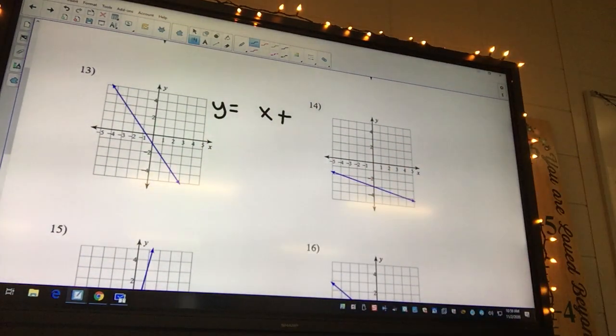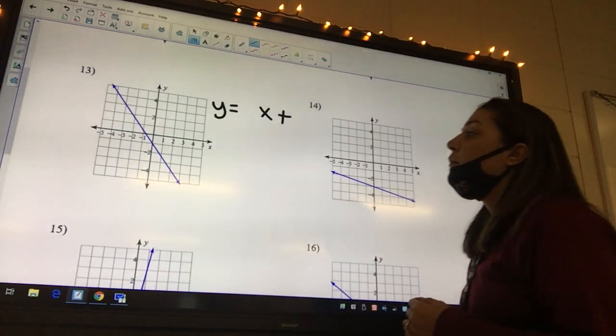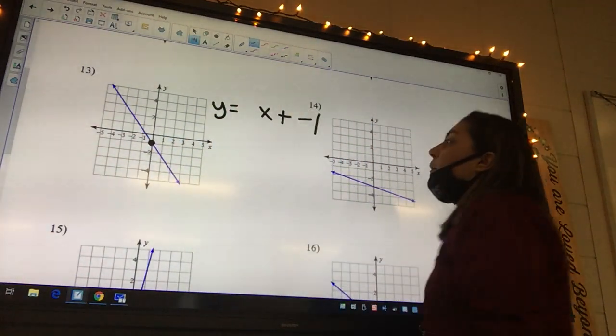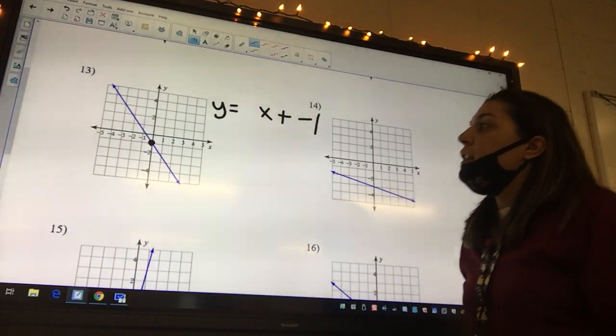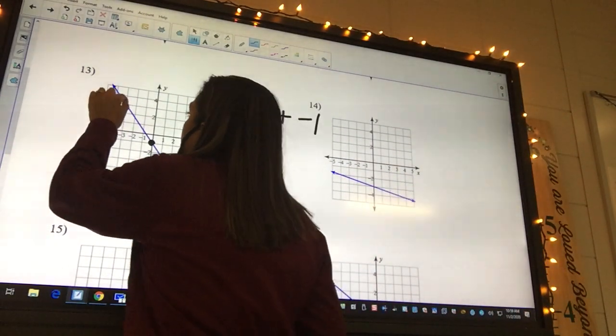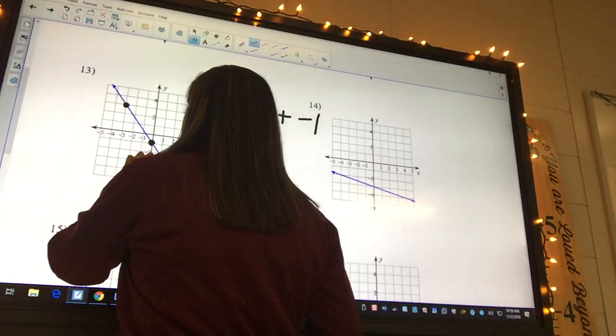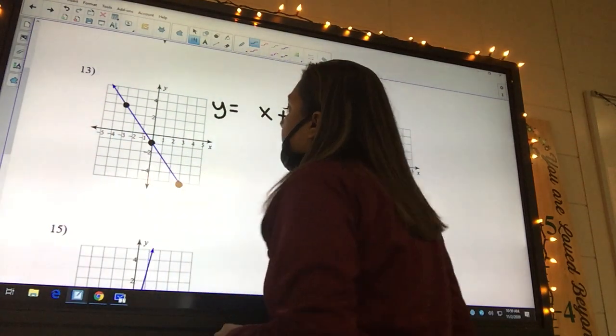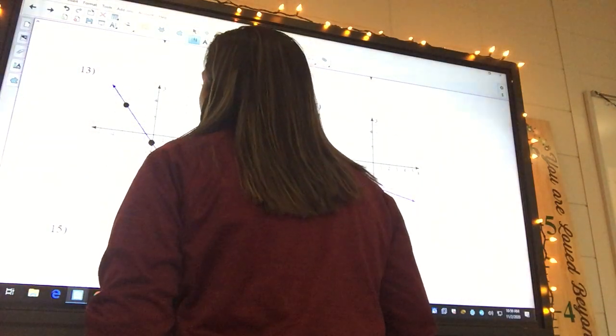Okay, what's my y-intercept? Negative 1. Negative 1. Okay, and then we need to find the next closest point. And then would it be 3? Hold on, let me look.